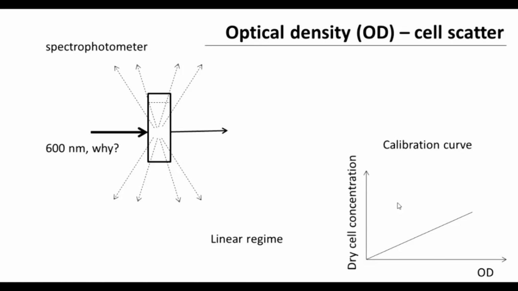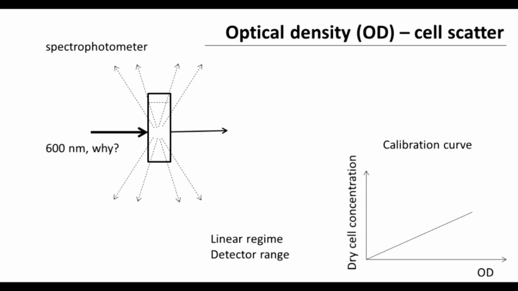The linear regime is important while measuring. You need to pay attention to that. There are two aspects to linearity. If you plot dry cell concentration versus OD, it is going to be linear till a certain point, and above a certain dry cell concentration, the linearity is going to break down.